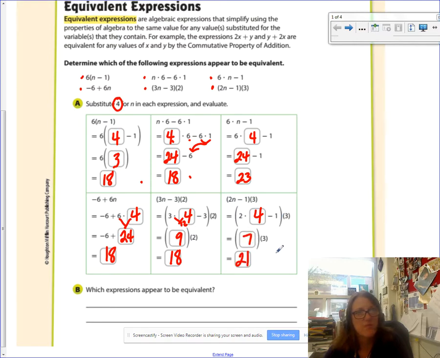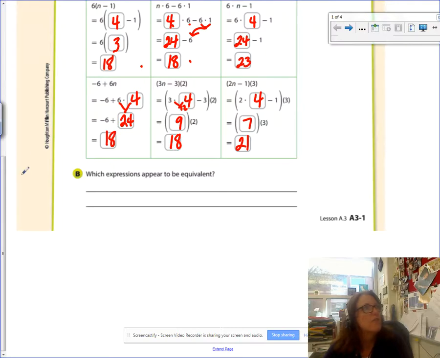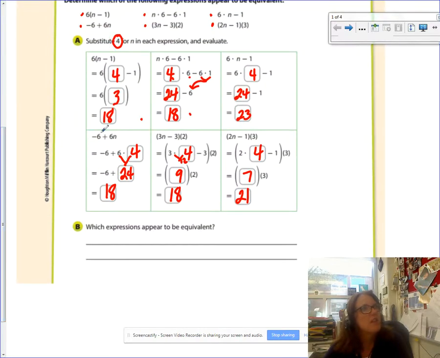Here I get 21. All right, so in just evaluating each of these 6, substituting in a value of 4, it looks to me like which ones appear to be equivalent? Well, these ones that ended up giving me the same value when I evaluated them at n equals 4.